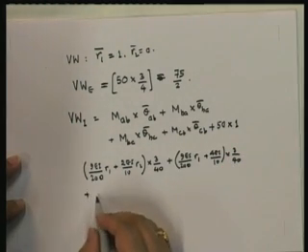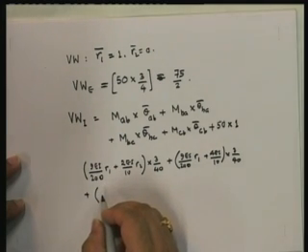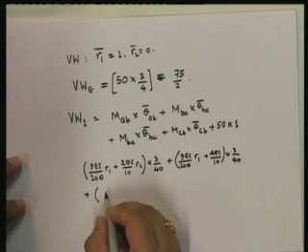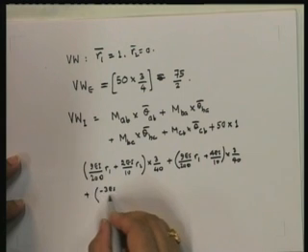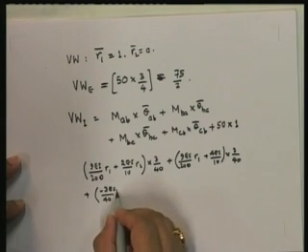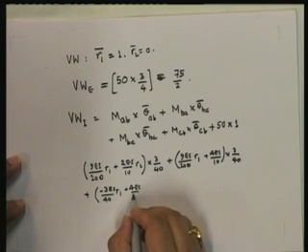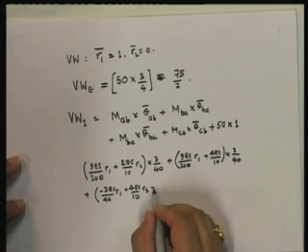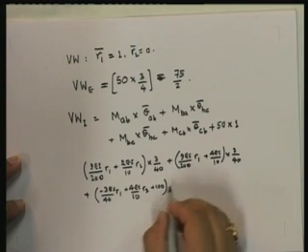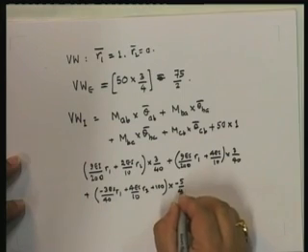Plus MBC is equal to minus 3 EI upon 40 R1 plus 4 EI by 10 R2 plus 100 multiplied by minus 5 by 40.